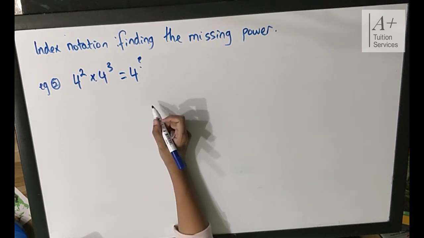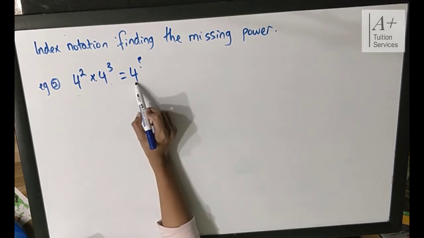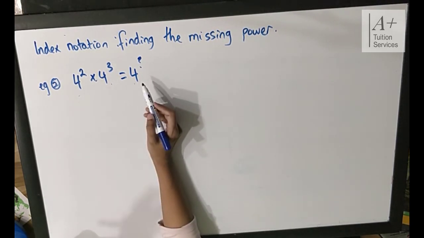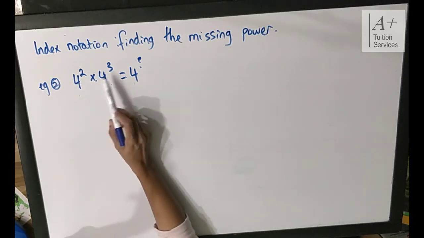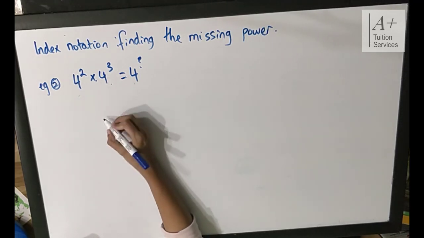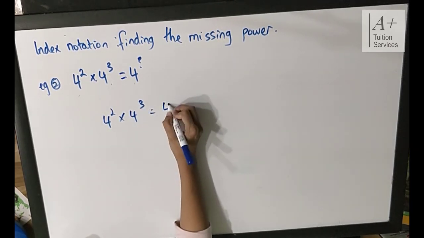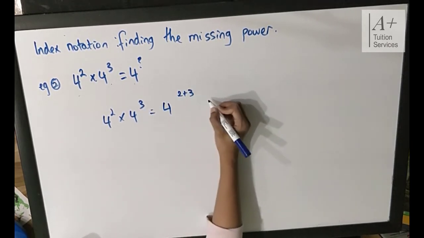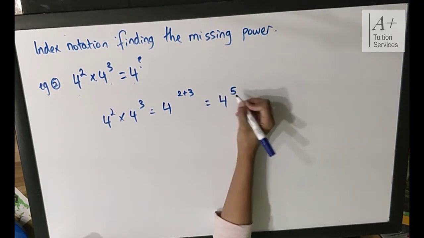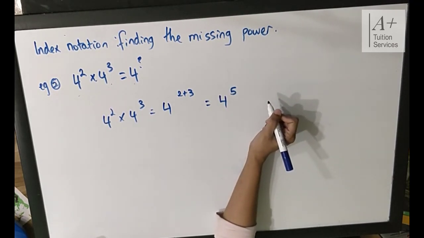So just from before, our base number 4 is the same, so our answer will have 4. So when base numbers are the same, we just need to add the powers. So this will be 4 squared multiplied by 4 cubed is equal to 4 to the power of 2 plus 3, which is equal to 4 to the 5th power.